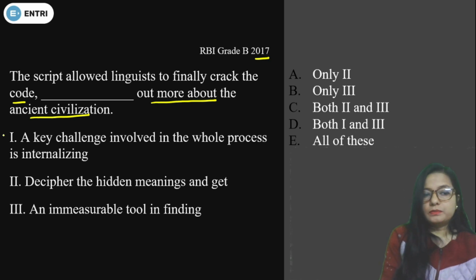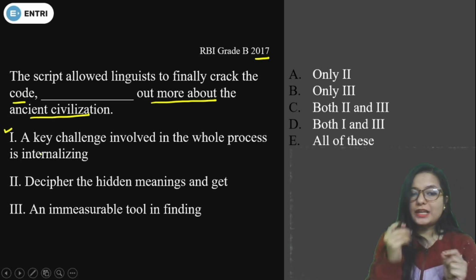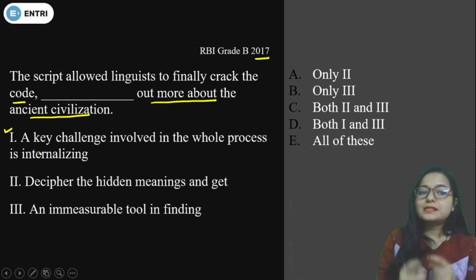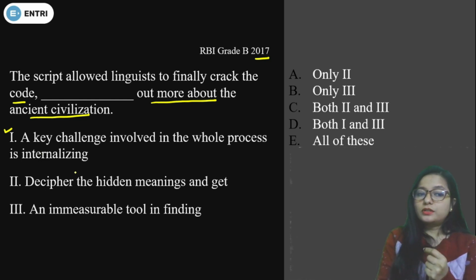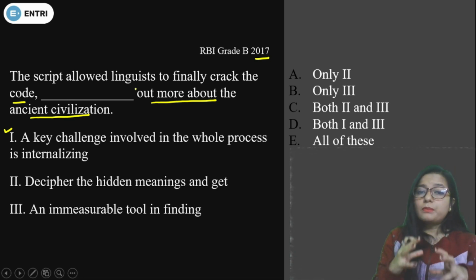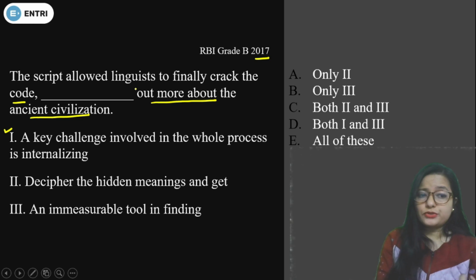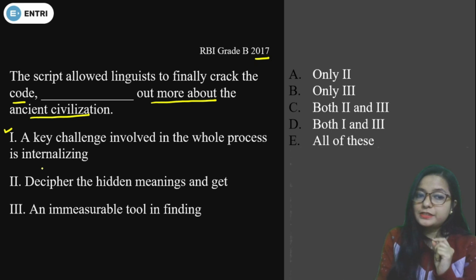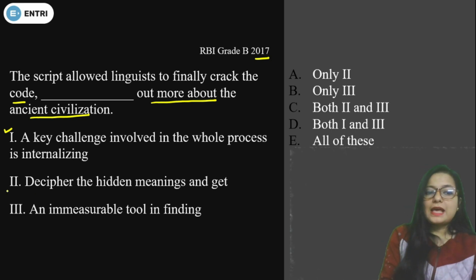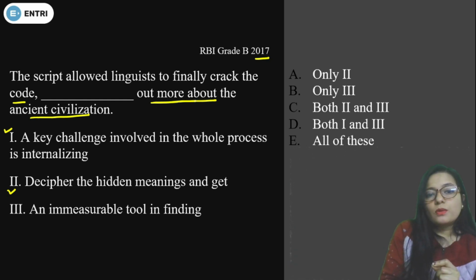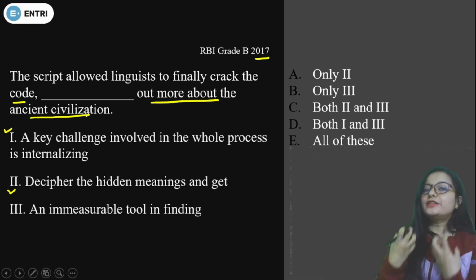So the first option says, "a key challenge involved in this whole process is internalizing." No, it is not connecting, because it is talking about decoding the secrets or decoding the information, but the first sentence is talking about internalization, which is not required. C says, "decipher the hidden meanings and find out more about ancient civilization."